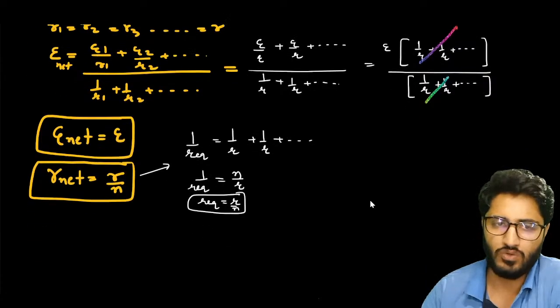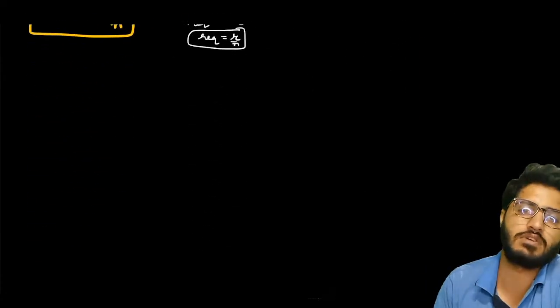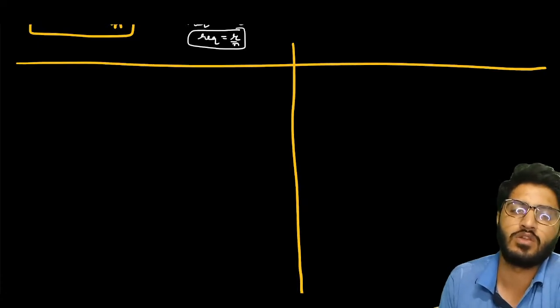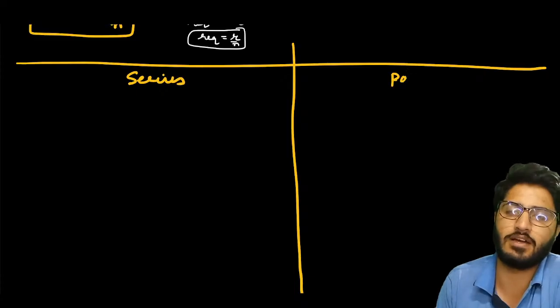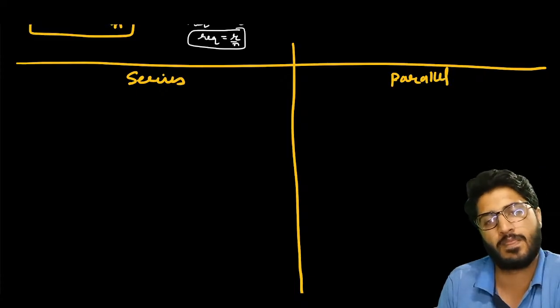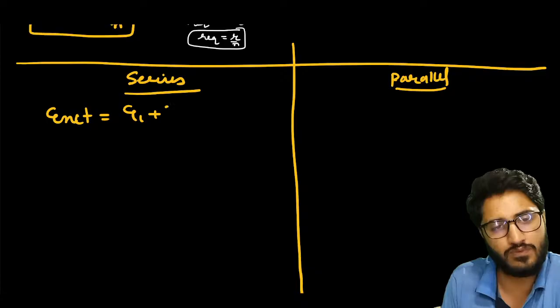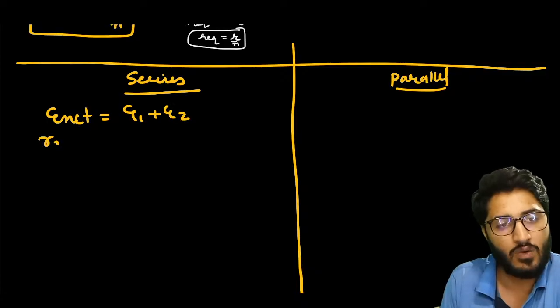Okay. So now let us discuss these two cases. For a quick recap, we discussed series and we discussed parallel. So what do you write? What is E net if we are talking about 2 cells? E net is E1 plus E2. What is R net?